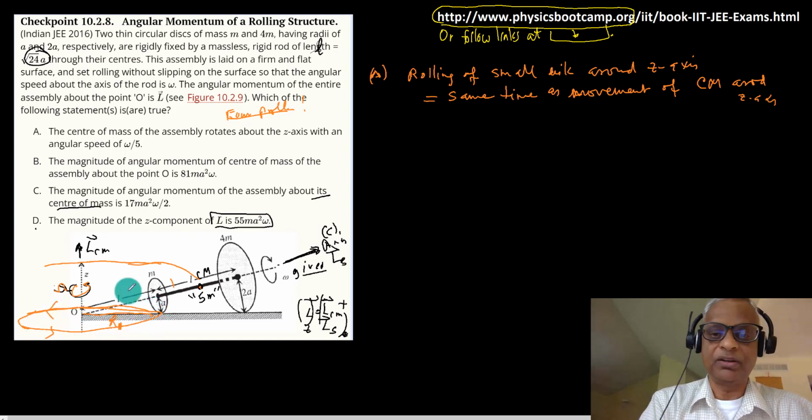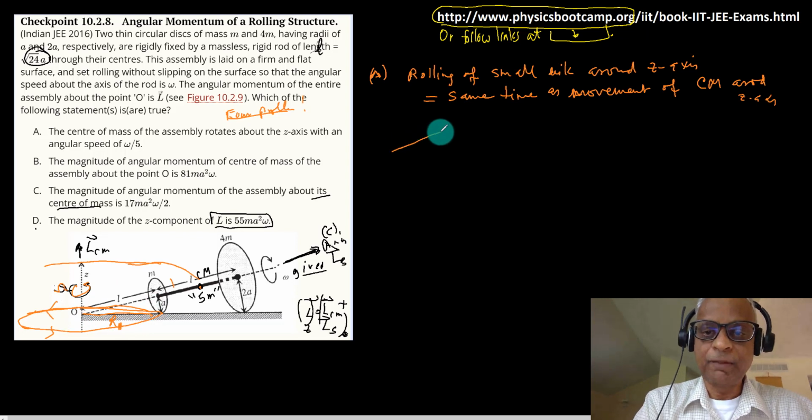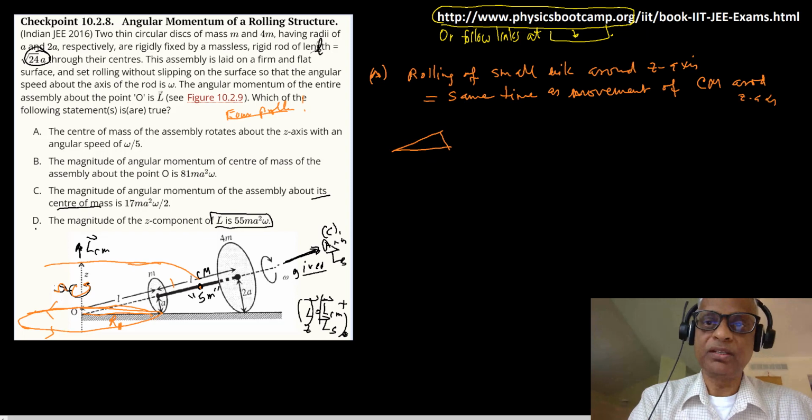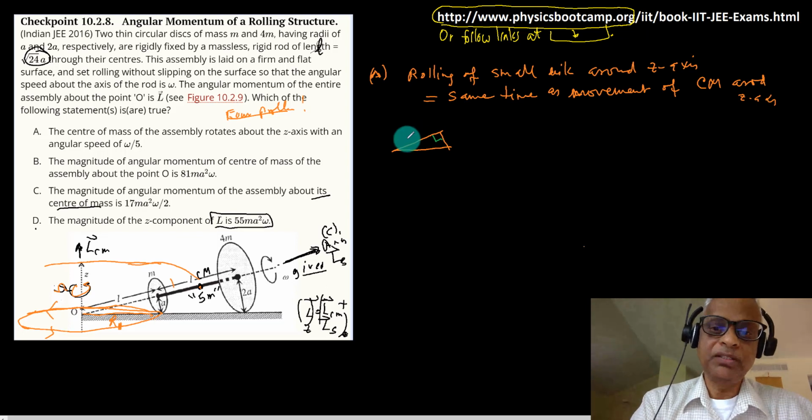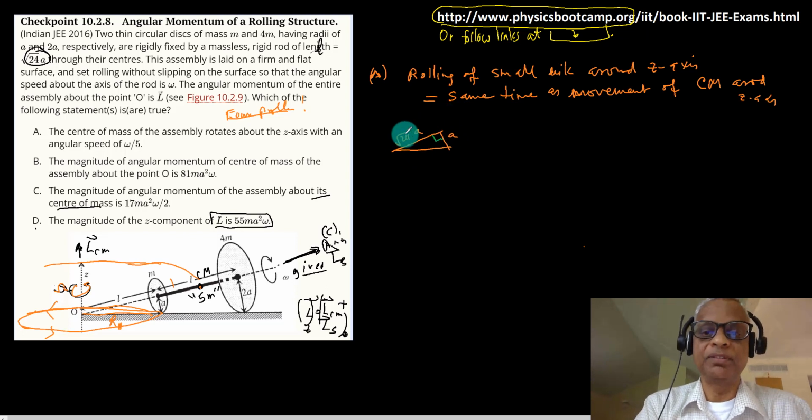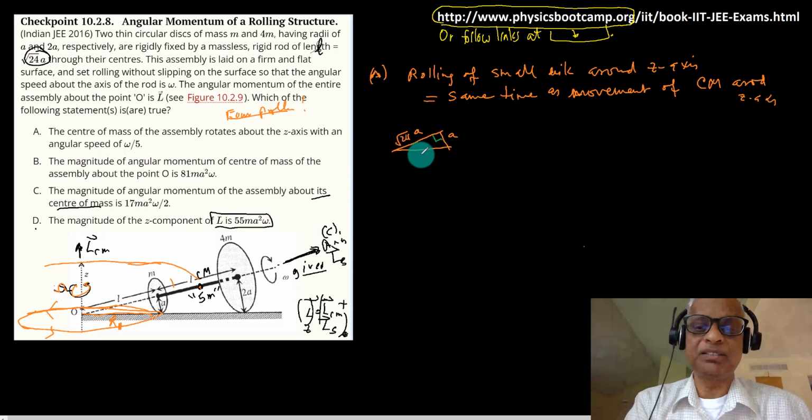The second thing to notice is that this angle here is 90 degrees. So this is L, which is square root of 24 a, and a is given. This is weird looking, but I can figure out this R1 nicely.